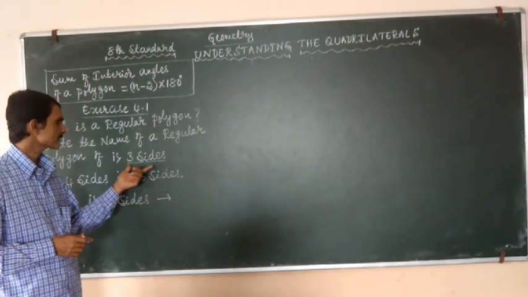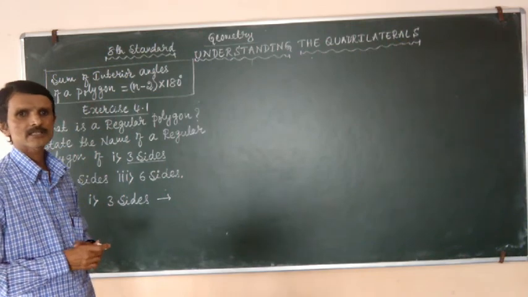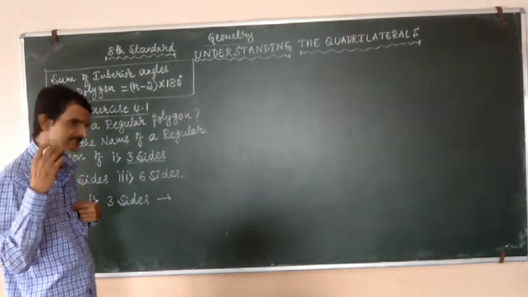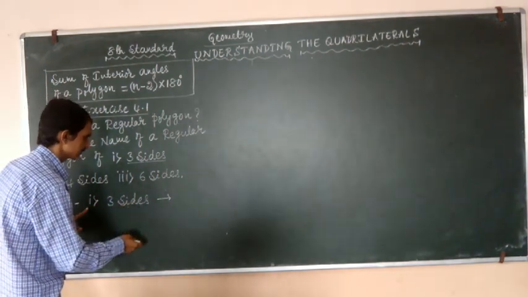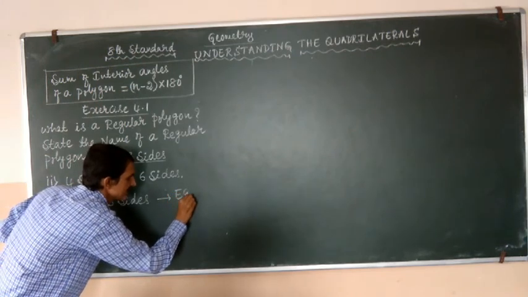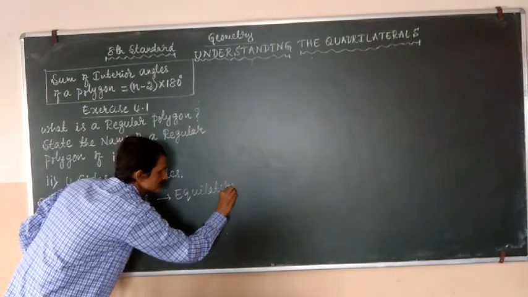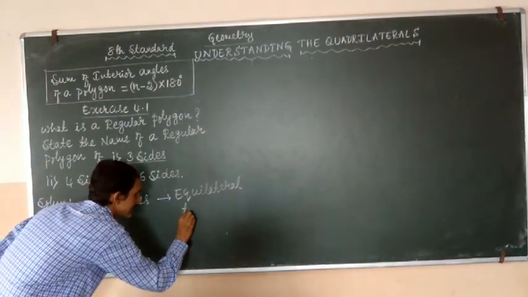In an equilateral triangle, all the 3 sides are equal and all the 3 angles are equal to 60 degrees. Therefore, the first one, for 3 sides, is an equilateral triangle.